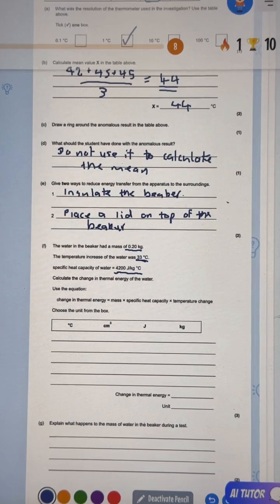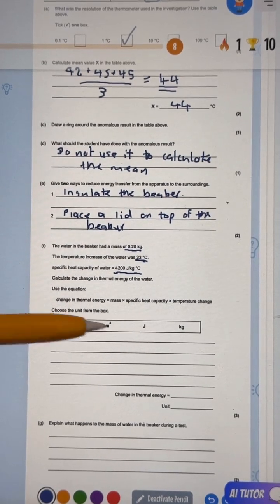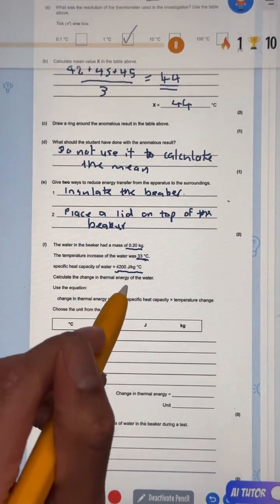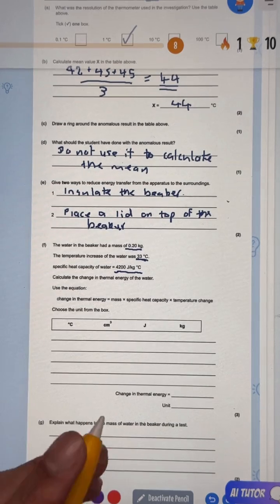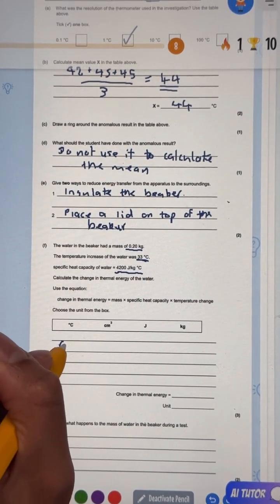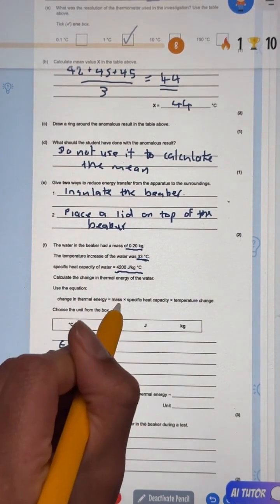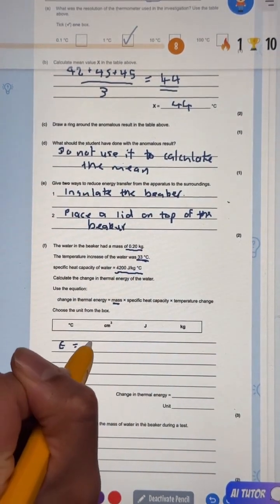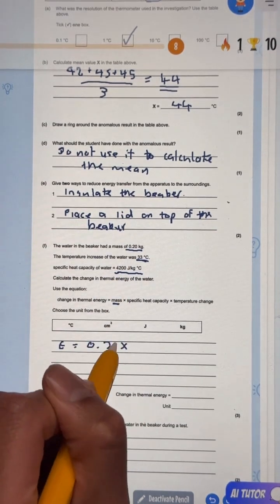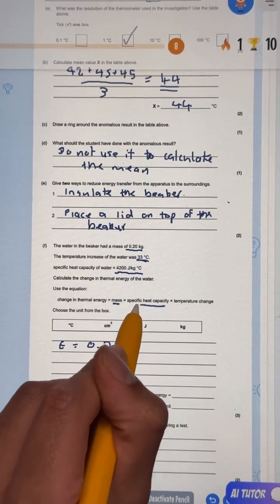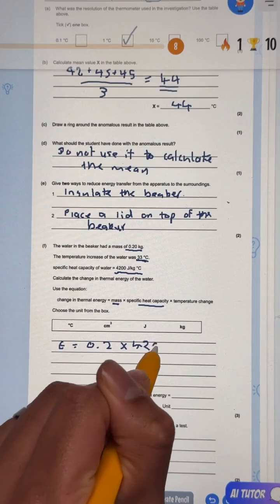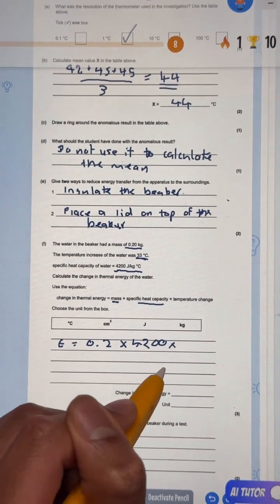And again, as we saw in a question earlier, it says to choose the correct unit to give your answer. So again, this looks like we just substitute the numbers in. So I'm going to put E equals, so we've got mass, which is given at the top, 0.2, multiplied by the specific heat capacity, which is the 4,200, which they've given us, multiplied by, it says temperature change.